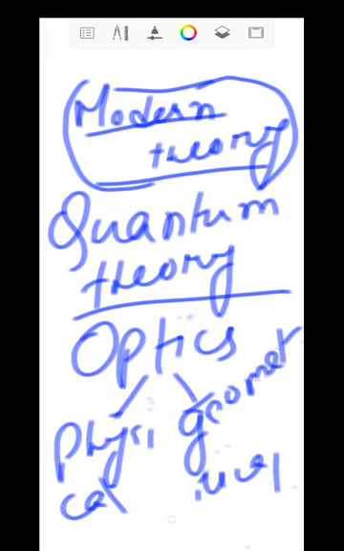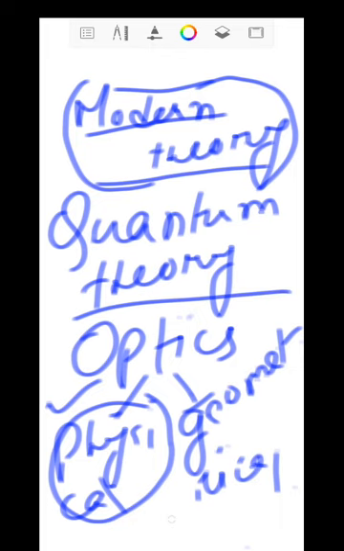So what happens in physical optics? Physical optics deals with the wave nature of light. It relates to the first one, the wave theory I discussed.